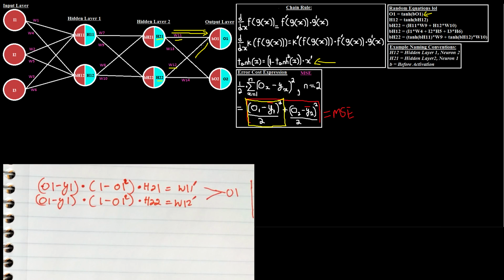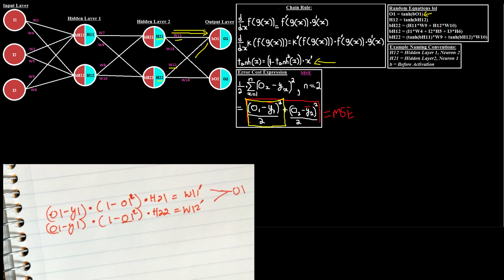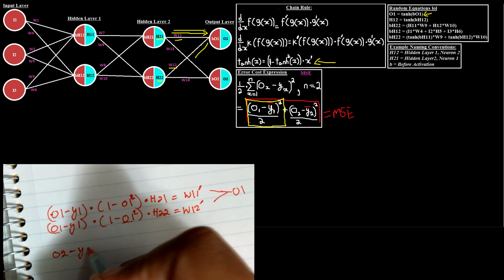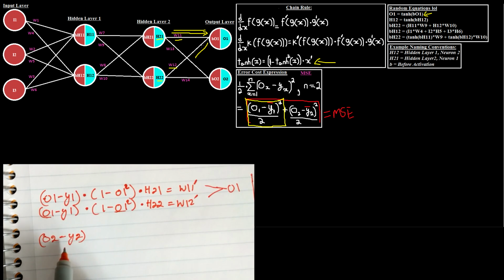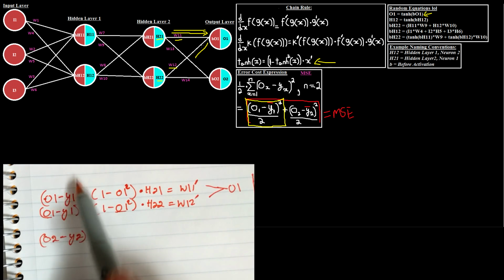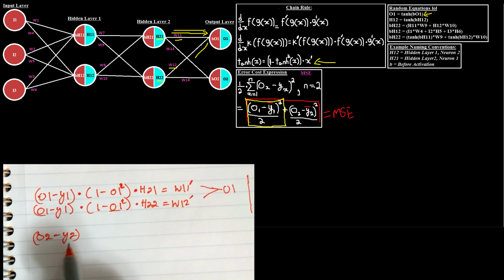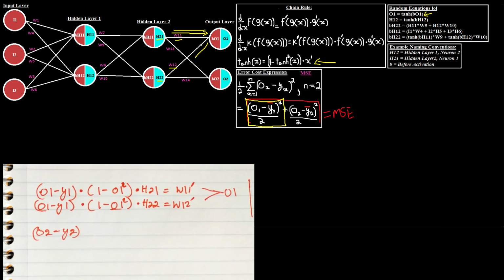What do you think this would end up being? Essentially this output 1 part would just be output 2. The delta for W13 would essentially just be output 2 minus y2, because now this will be the derivative for the mean squared error of 2, whereas the derivative for mean squared error of 1 would go to 0, because weight 13 is in no way affecting output 1, right?